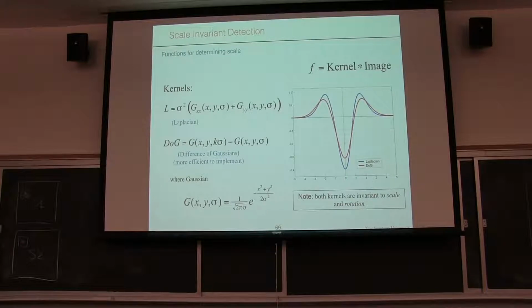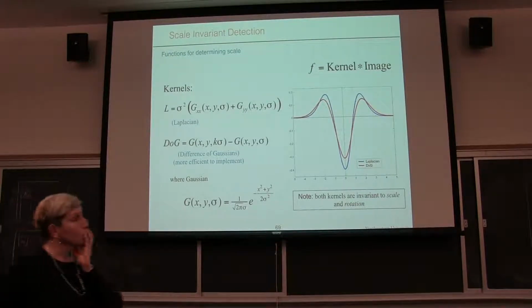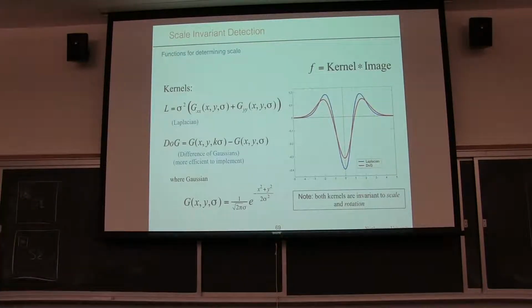One solution to reduce this computation time was introduced by David Lowe, who was actually the person that introduced the SIFT feature that we're going to talk about in a few minutes. His observation was that instead of having to compute the Laplacian of the Gaussian, he could get a very similar profile of the function by taking the difference of two Gaussians.